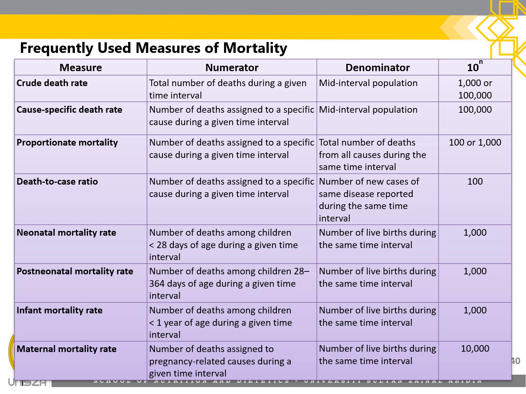As an example, infant mortality rate is the number of deaths among children less than 1 year of age during a given time interval divided by the number of live births during the same time interval. Neonatal mortality rate is the number of deaths among children less than 28 days of age during a given time interval divided by the number of live births during the same time interval.